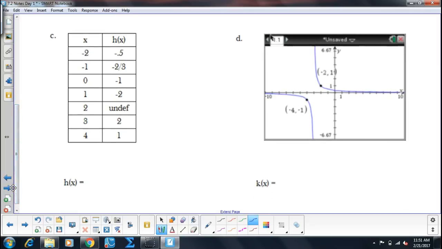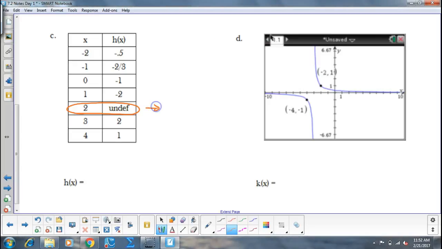So now off of a table, here's my undefined, which means then that x equals 2 is my vertical asymptote. Correct? Which means then that x minus 2 is going to have to equal 0.